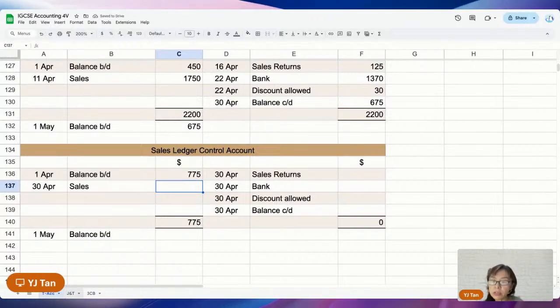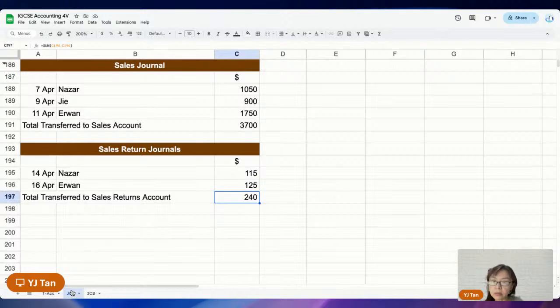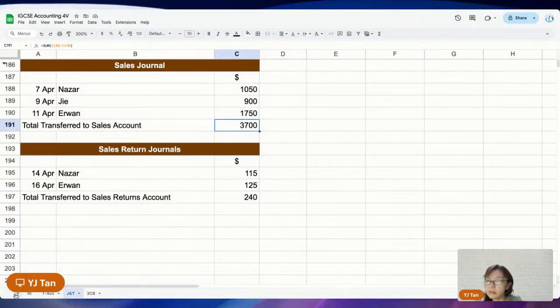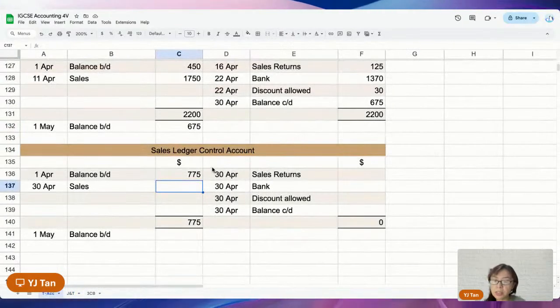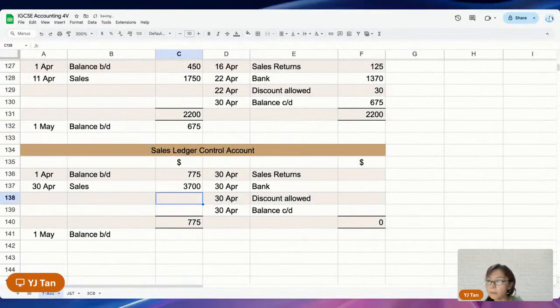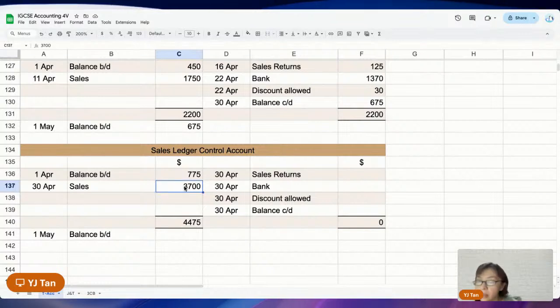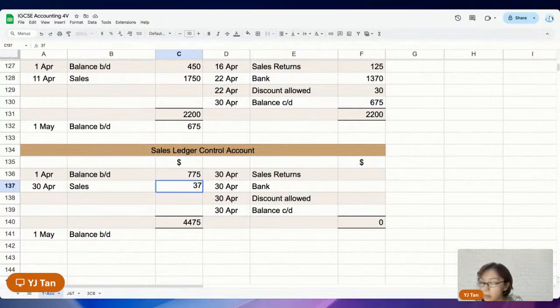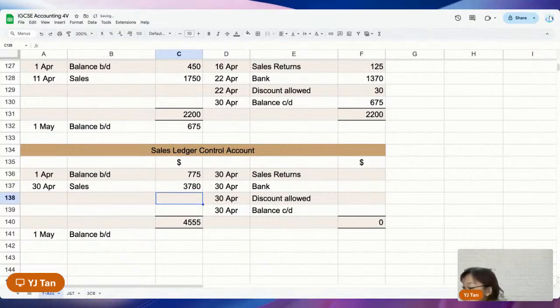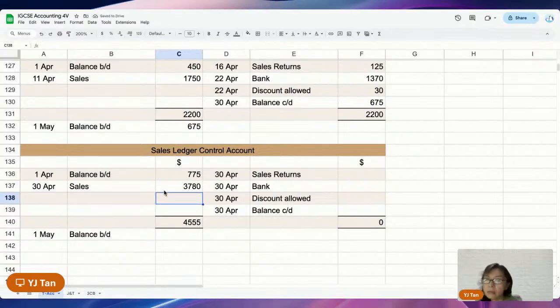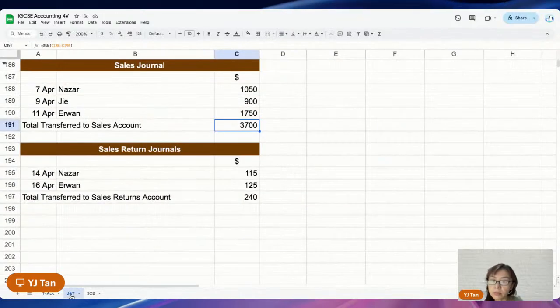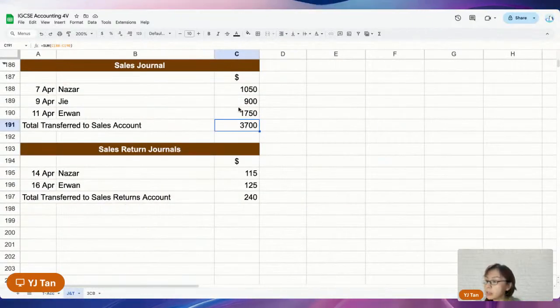In terms of sales, just now we already did the sales journal, so it's 3700. Oh, sorry, it's 3780. How come it's not 3770? Maybe I keyed in something wrong.